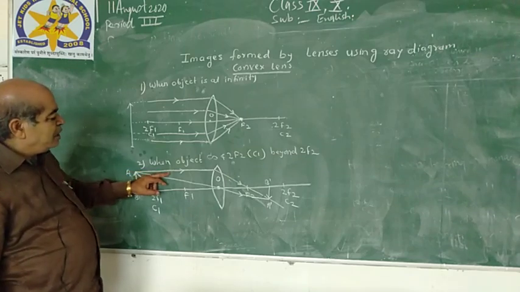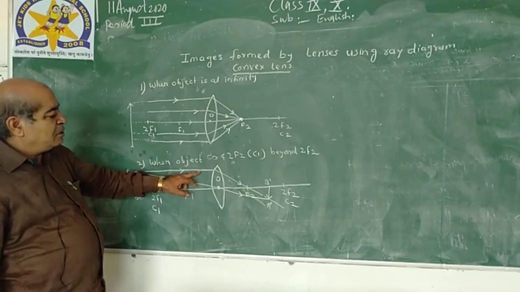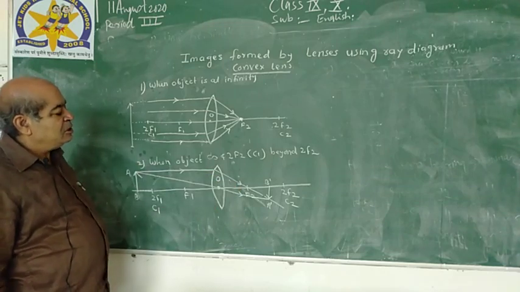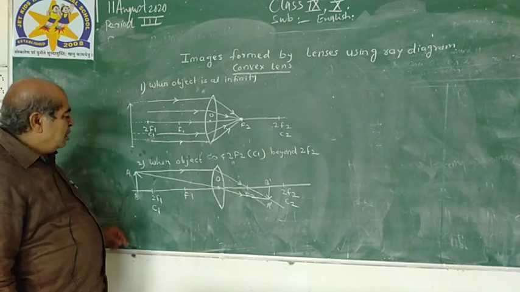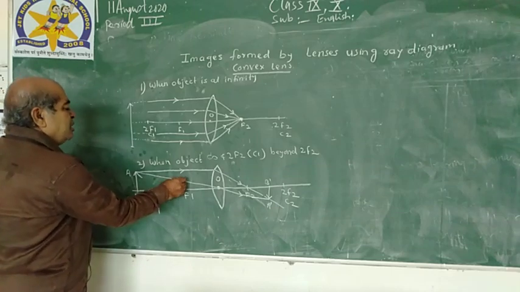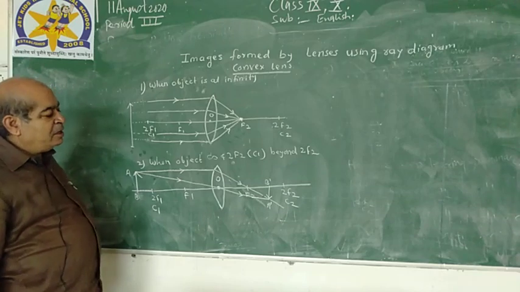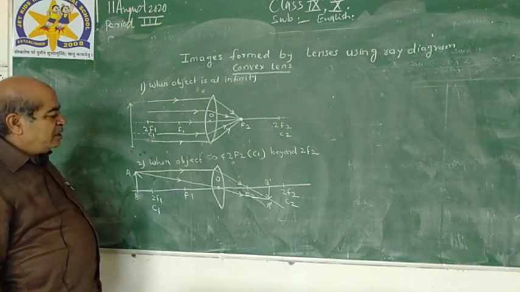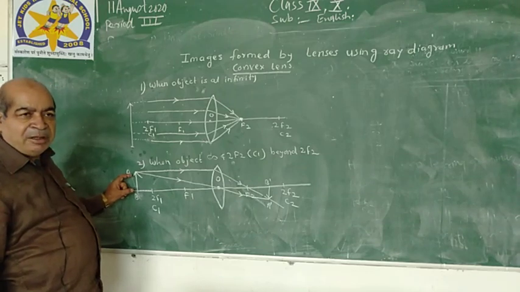The ray of light parallel to the principal axis, after refraction, passes through the principal focus on the other side, and the ray of light passing through the optic center emerges without any deviation. Thus A dash B dash is the image of the object AB.